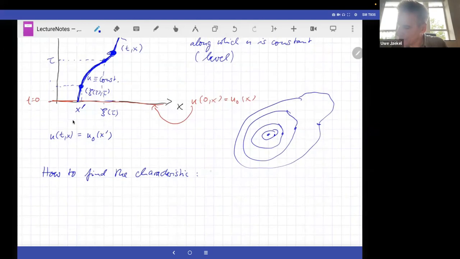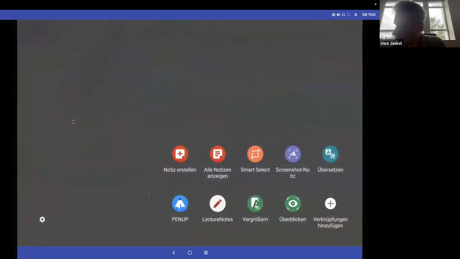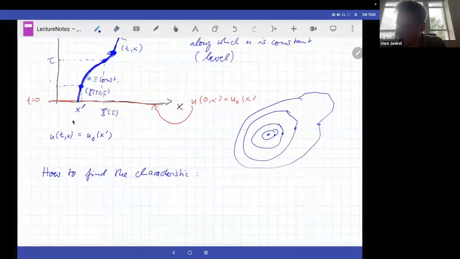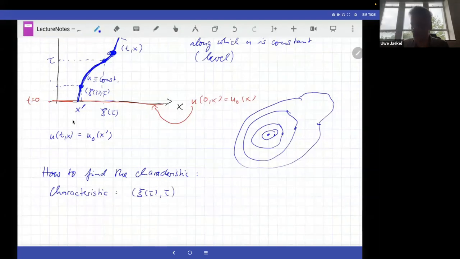Sorry, I wrote it the other way. The characteristic will be specified by psi of tau. That's the x component in a way, and tau is the y component.